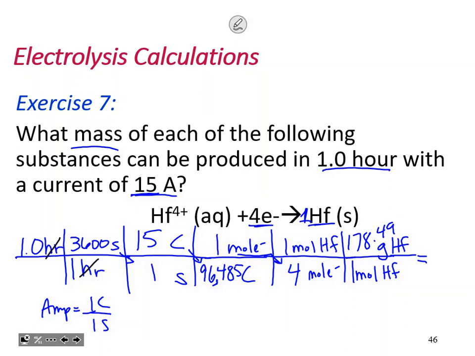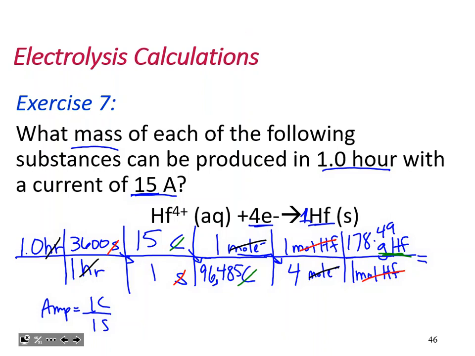Now check and log everything to make sure it cancels. Hour, seconds, coulombs with coulombs, moles of electrons, moles of the hafnium, and we do end up getting our grams, which is what we want. Then all you have to do is calculate.